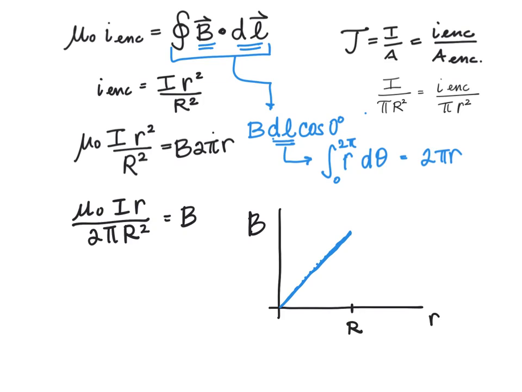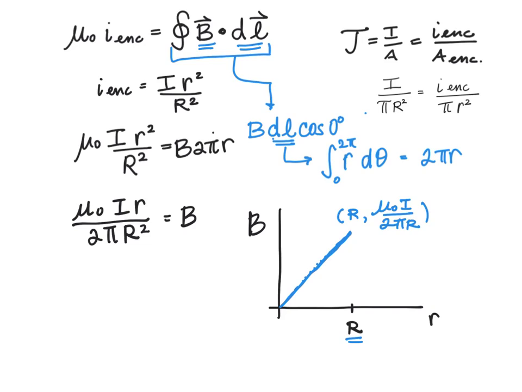This point right here would be R comma mu naught I over 2 pi R, because I'm substituting this R into our equation.